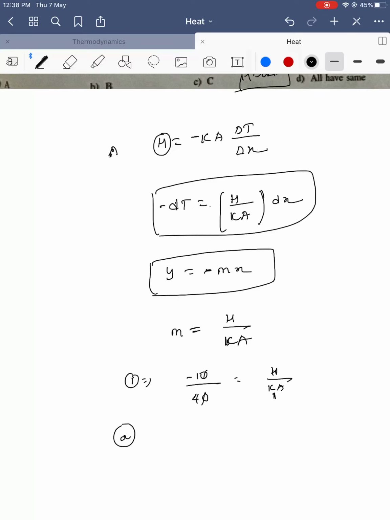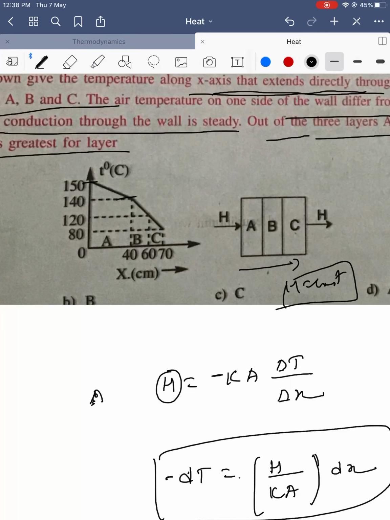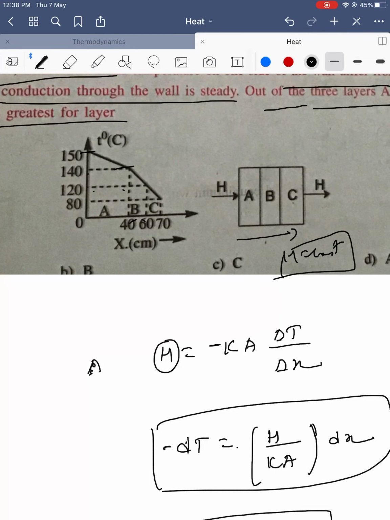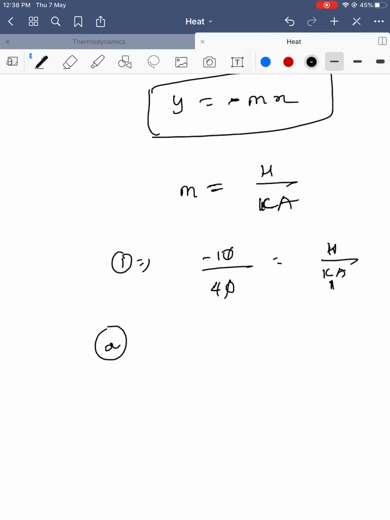For the second one, you see here 120 to 40. How much is the gap? 20. So along the y-axis 20, along the x-axis also 20. So minus 20 by 20 is equal to H by K2 into A. The minus gets cancelled, so K2 is equal to H by A.